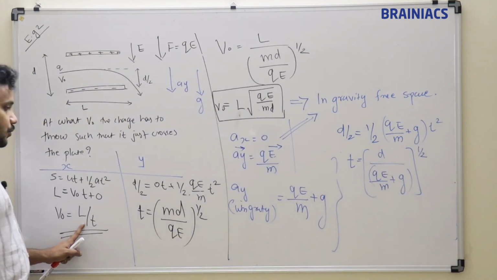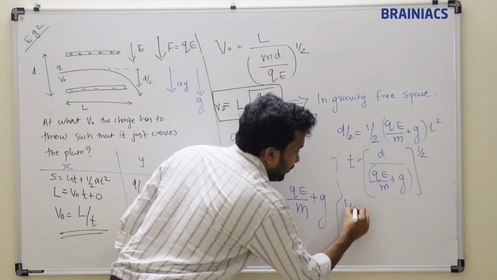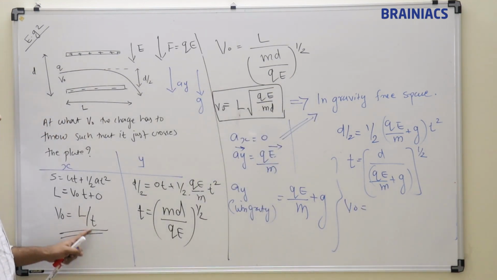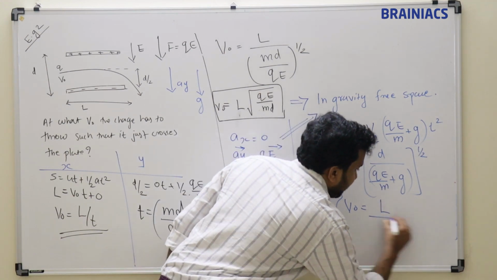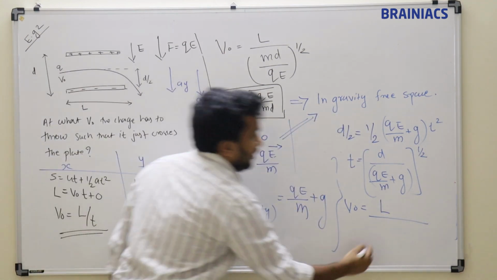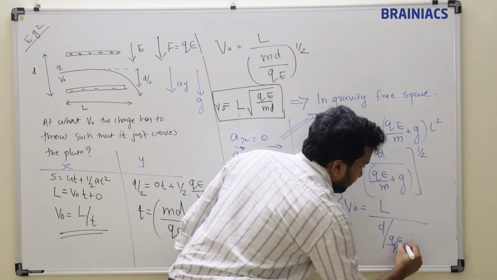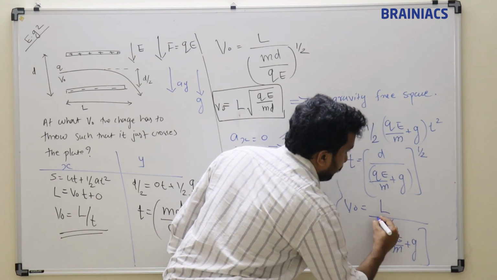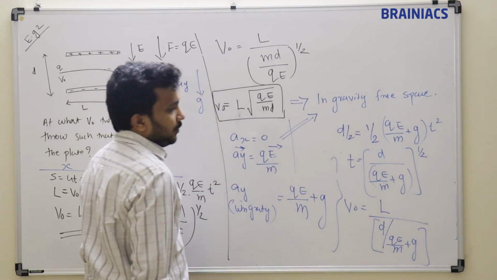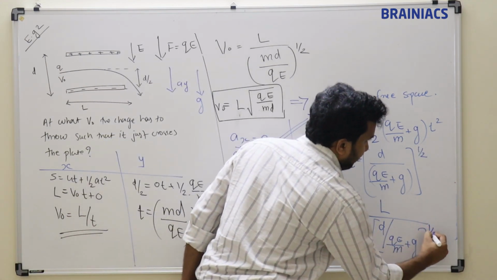We know this equation and we'll substitute here. V naught will be equal to L by T. What is T? Already we know: D divided by (QE by M plus g), whole power 1 by 2.